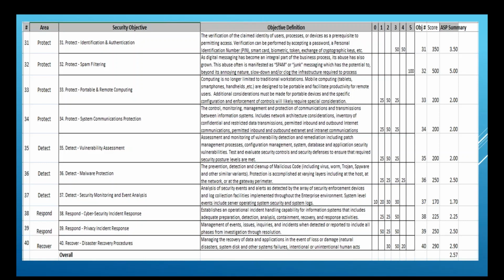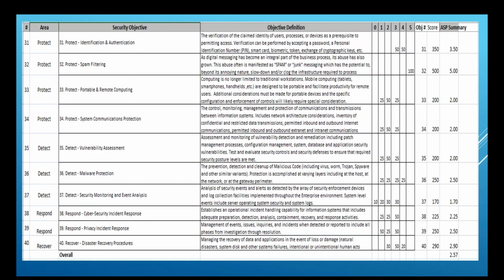Now we're going to get to response: cybersecurity incident and privacy incident response. Those two go hand in hand, but they are separate. You can indeed have a compromised computer and not have a privacy breach. You may not have had any sensitive data on that server or that it could get to.